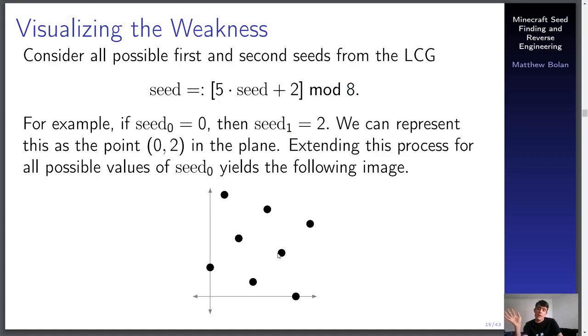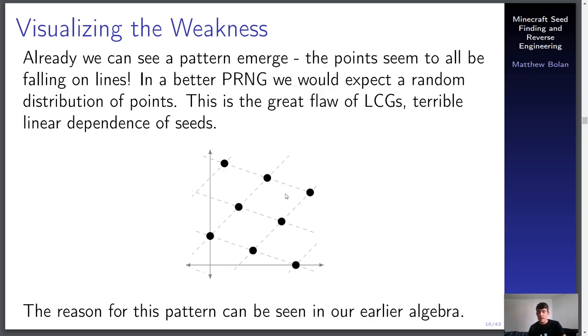So this image already, if you think about it, imagine for a second that LCGs were truly random. We would not expect this image, right? Because we don't expect the second seed to depend at all on the first seed. But here, there's very clearly some kind of pattern going on. I think I highlight this in the next slide.